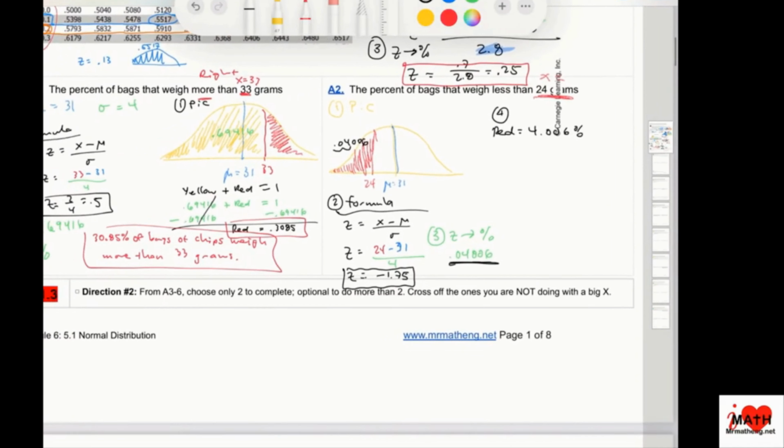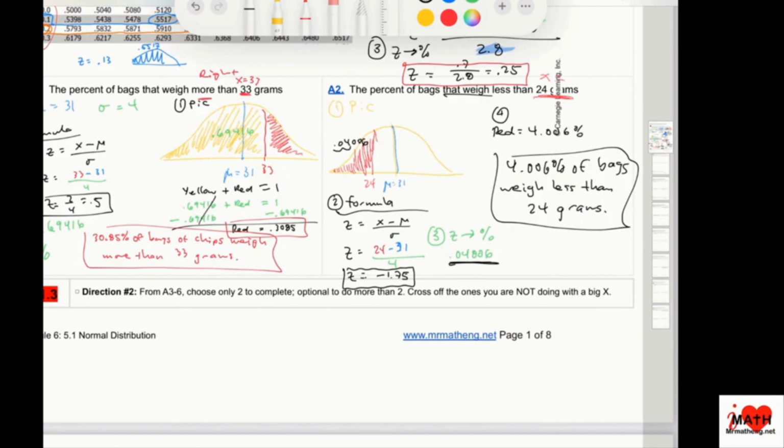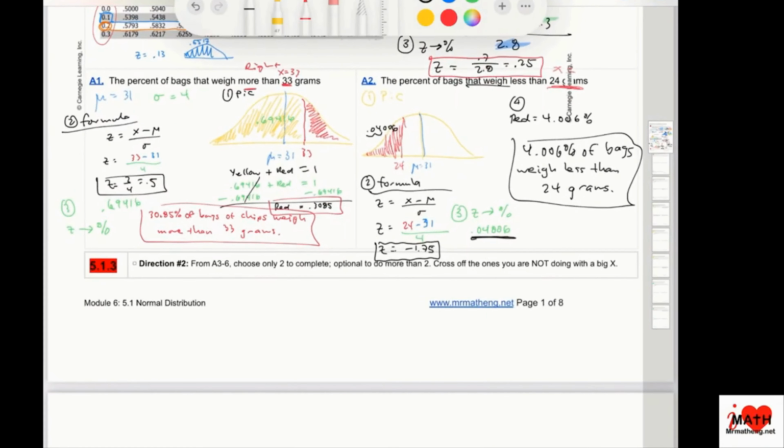Let's use the same sentence as we did before. 4.006% of bags weigh less than 24 grams. Okay, let's go ahead and move on to now A4.